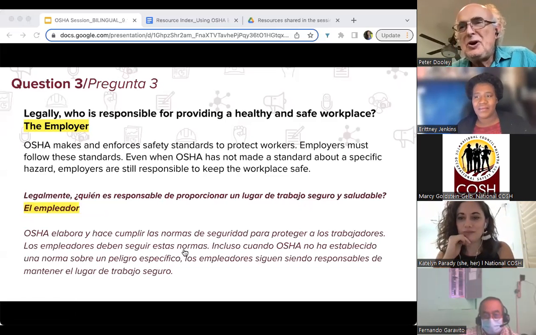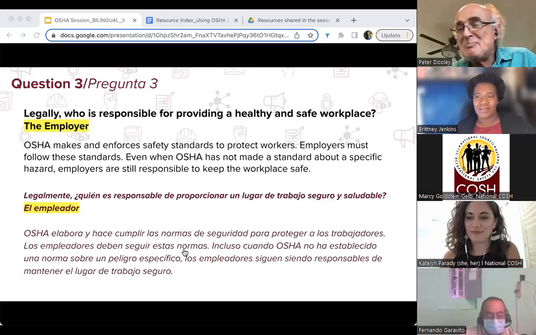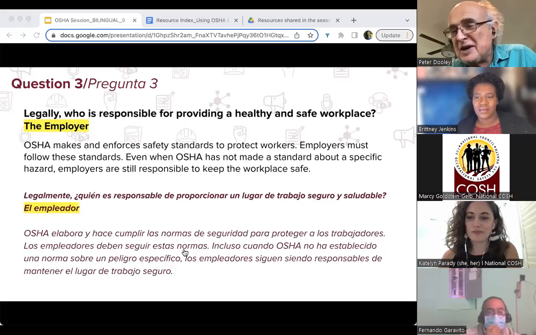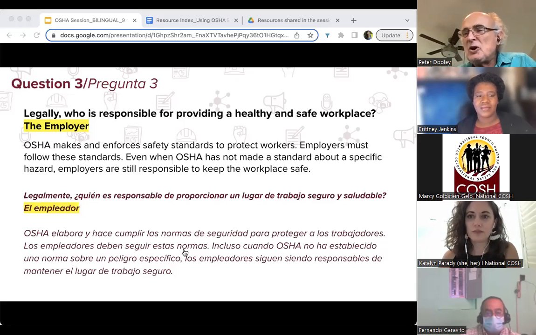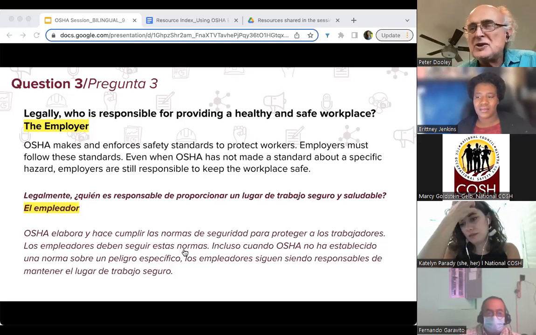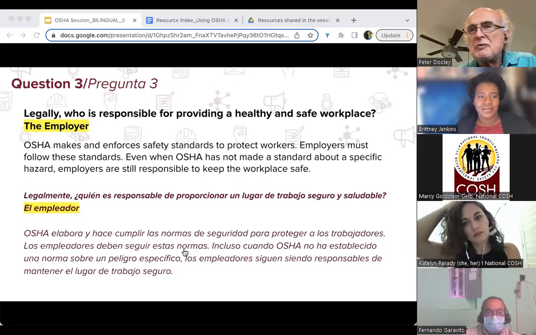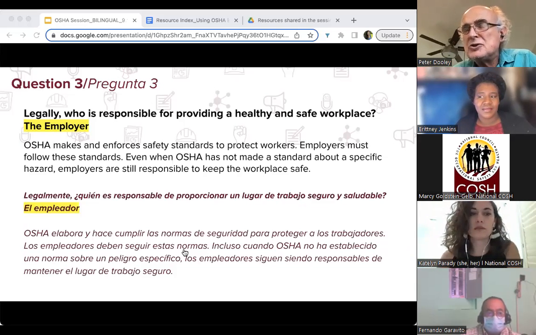Well, you all aced that one, I saw. But if you listen to many employers, you would think that the employee is responsible, right? Because employers are always trying to shift the responsibility for health and safety onto workers. They blame workers for being injured. They blame workers for being out of compliance.